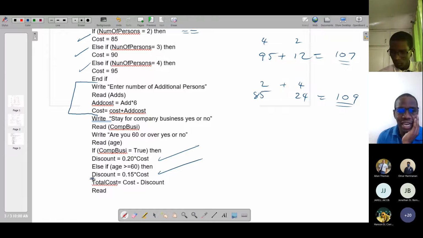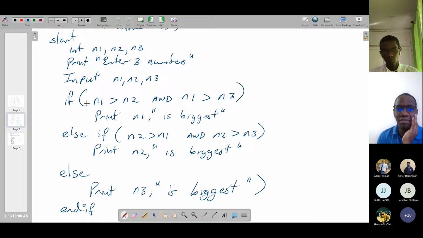Right? We were supposed to put an end-if here. And I would like to see in future that you put some indentations to make it a little readable. So if you notice that when I write my if statements, the line underneath my if statement is indented.